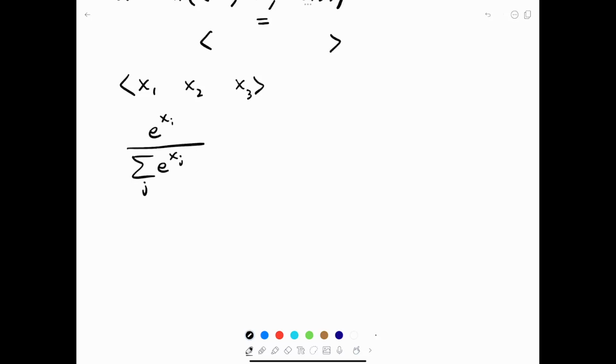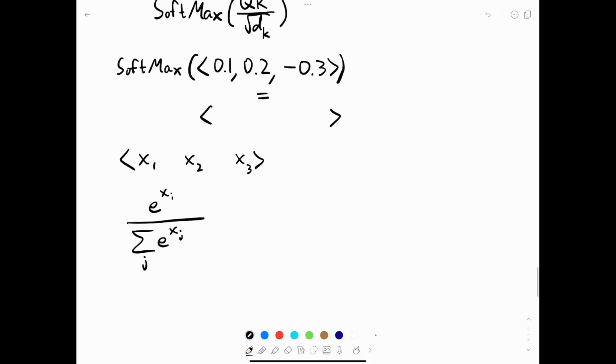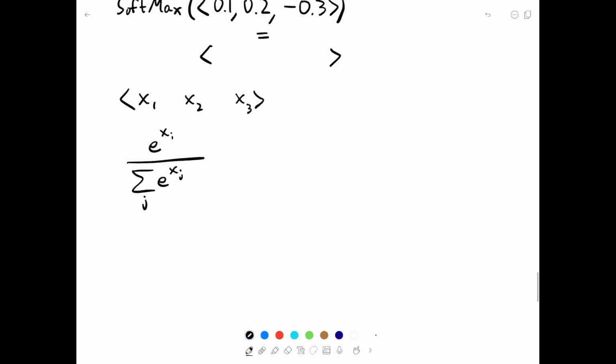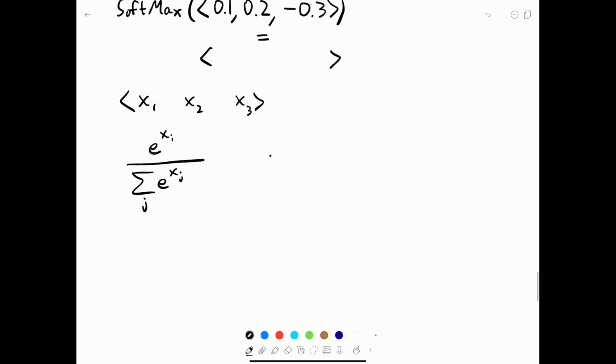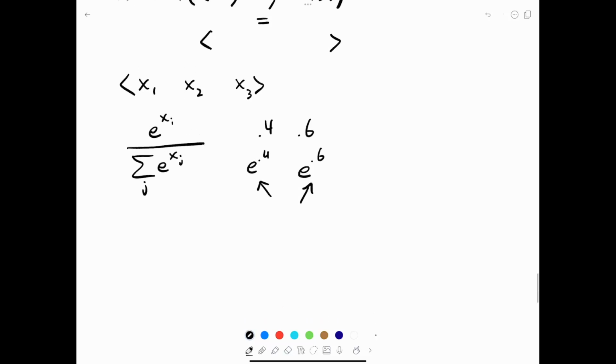And the exponentiation essentially pushes values to be farther from each other. Like if you have values 0.4 and 0.6, when you take e to the power of 0.4 and e to the power of 0.6, e to the power of 0.6 will get larger relative to e to the power of 0.4.